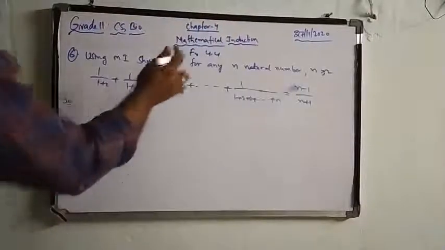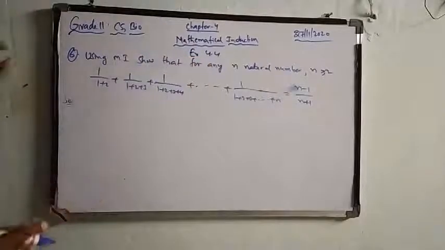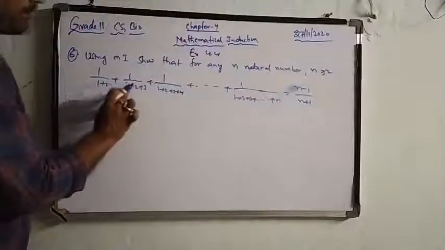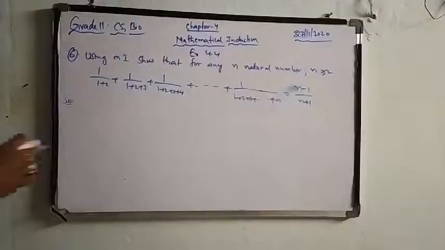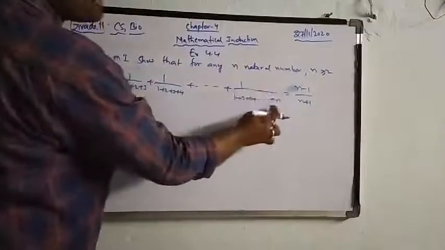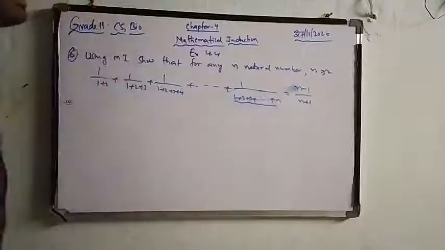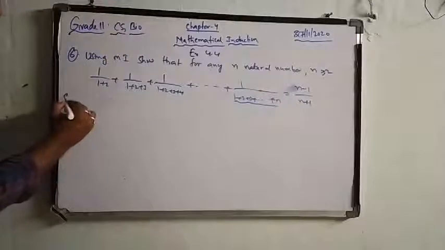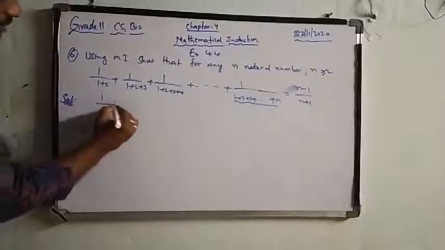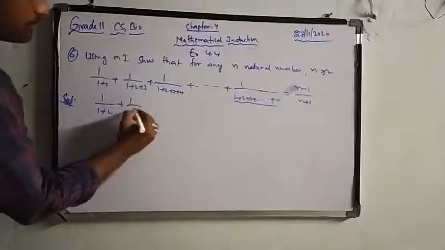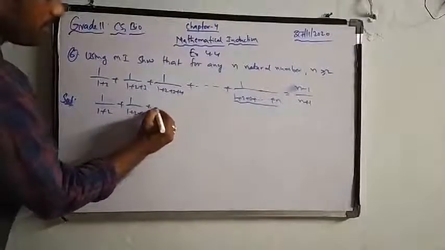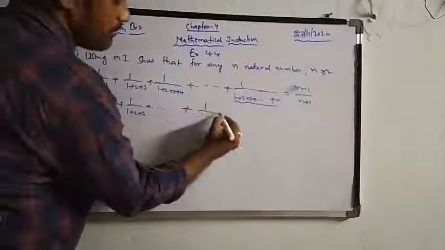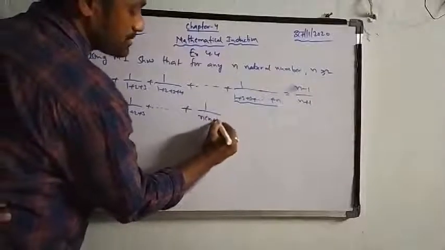So next question, exercise 4.4, sixth question. Using mathematical induction, show that for any natural number n, with n greater than or equal to 2 as the condition, 1/(1+2) + 1/(1+2+3) + and so on up to 1/(1+2+...+n) gives the result (n−1)/(n+1). So let us start the solution. The sum of n natural numbers is n(n+1)/2.